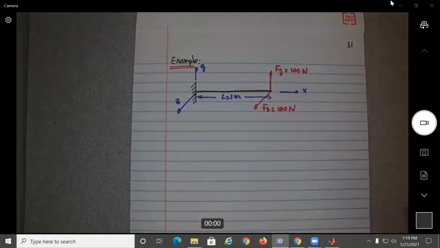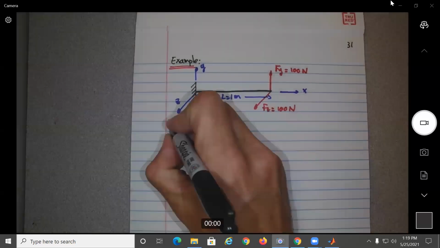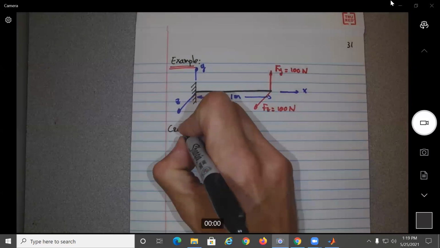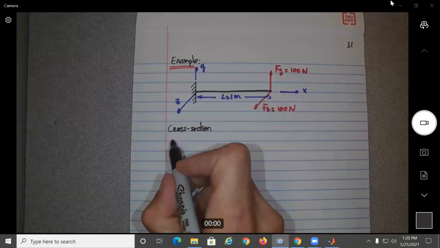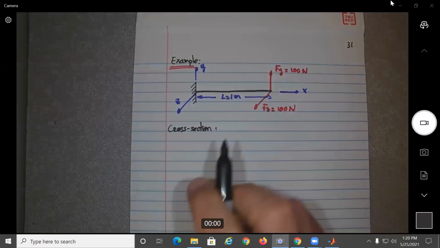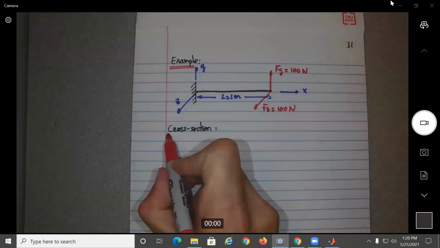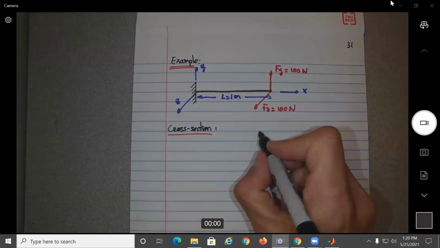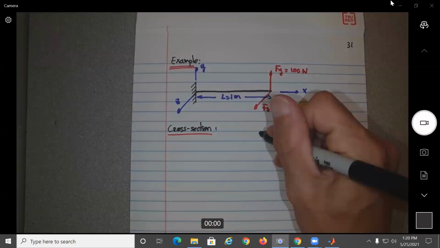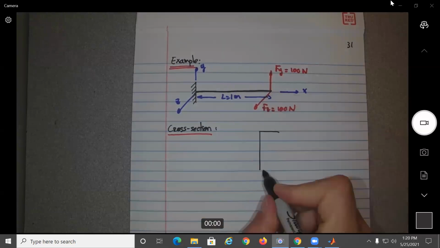And we're going to use as the cross section the same cross section that we had last time. That way we already have the results. So we use the C section.